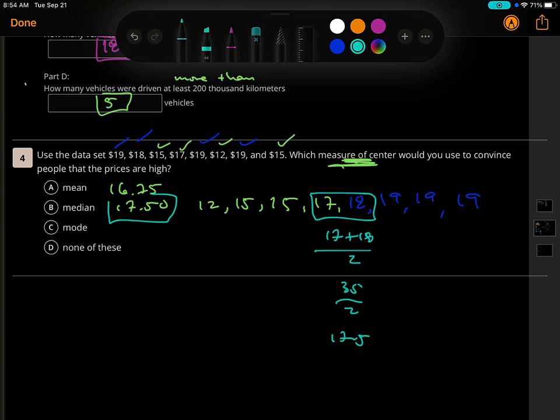That gives you 17.5. Okay, and then mode means the most, and the one that comes up the most is 19. So if I'm trying to convince someone that the prices are high, which one of these should I use? I should use the mode. Number 4, the answer is C.